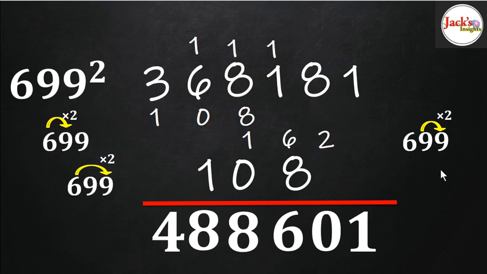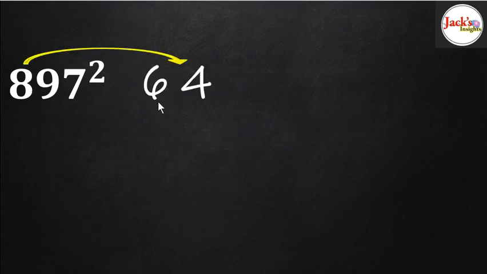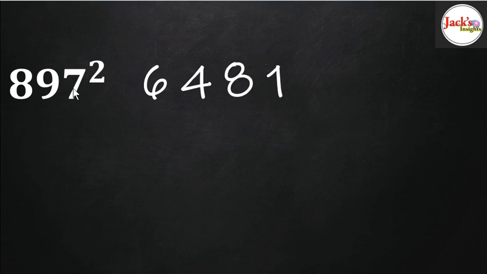488,601. So another example for this kind of results, three-digit results, we have the square of 897. Okay, so same process. The square of 8 is 64, the square of 9 is 81, and the square of 7 is 49.